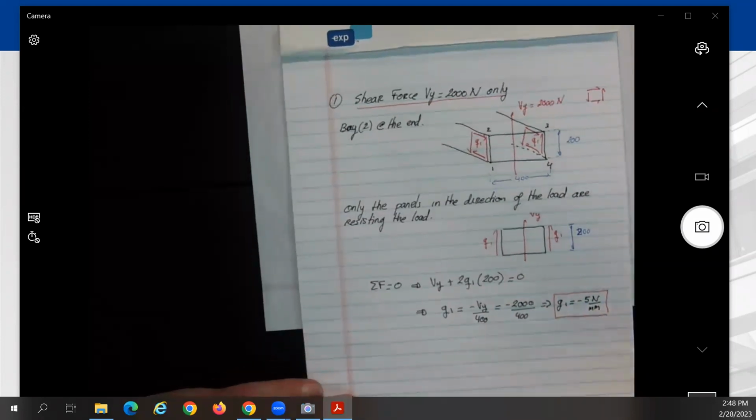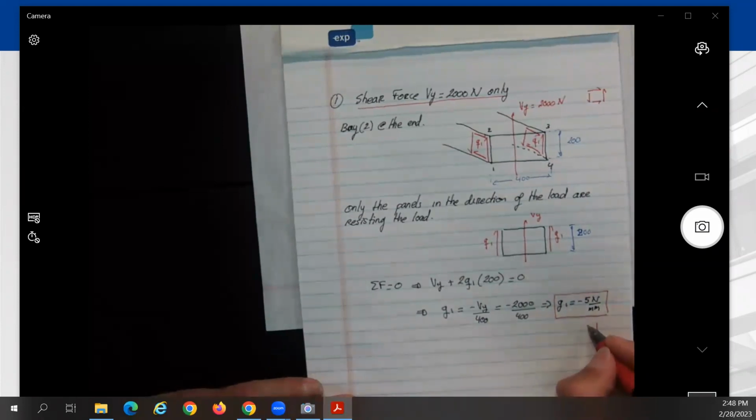So if it's negative, then what does that mean? It's going the direction, so basically we'll be going, let's see, this way here. Okay.